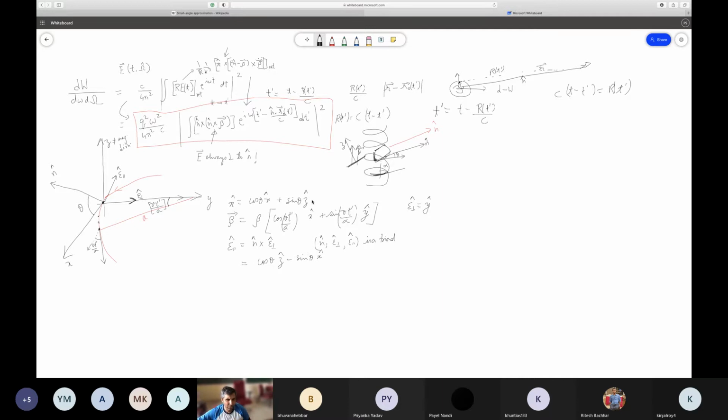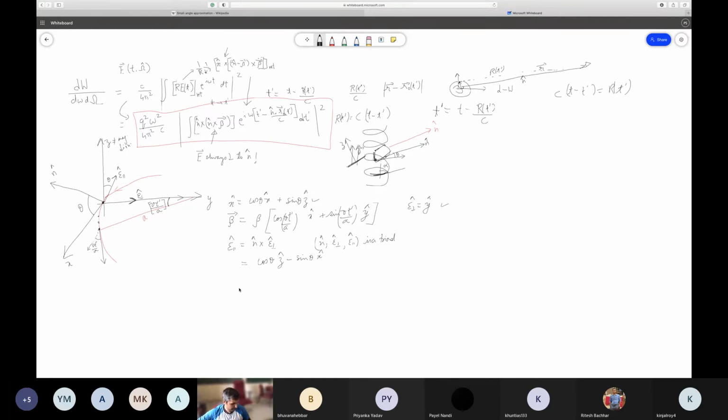This is just the cross product of this and this: x cross y is z, z cross y is minus x. So you get that, and that is also in the xz plane, at angle theta. Both n hat and epsilon parallel hat are in the xz plane, so they are perpendicular to this y-axis.